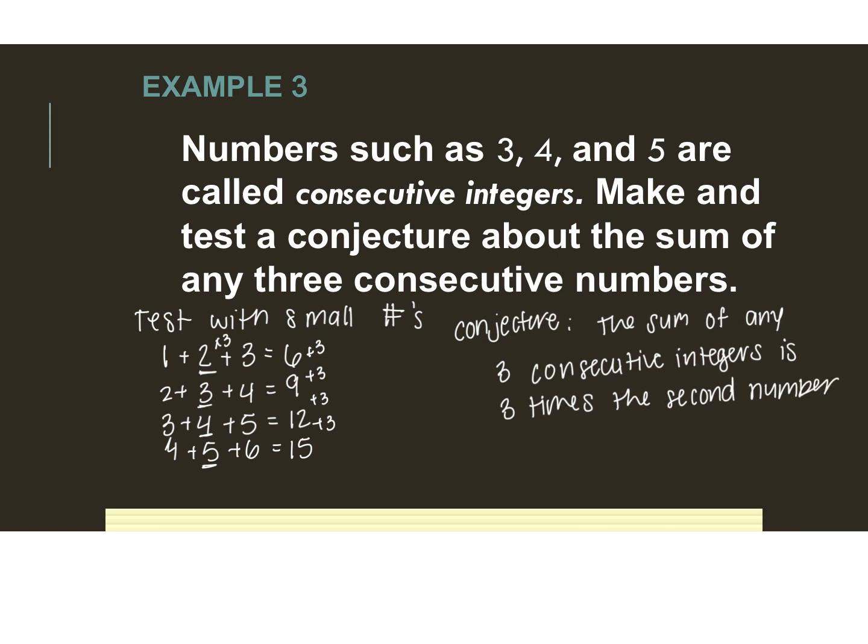So just going ahead and checking, 100 plus 101 plus 102 is going to give me 303. I'm going to take this middle number and multiply it by 3, and that's going to give me 303. So it's correct.